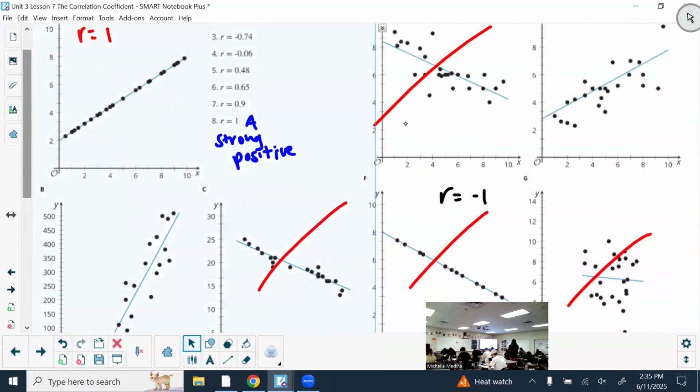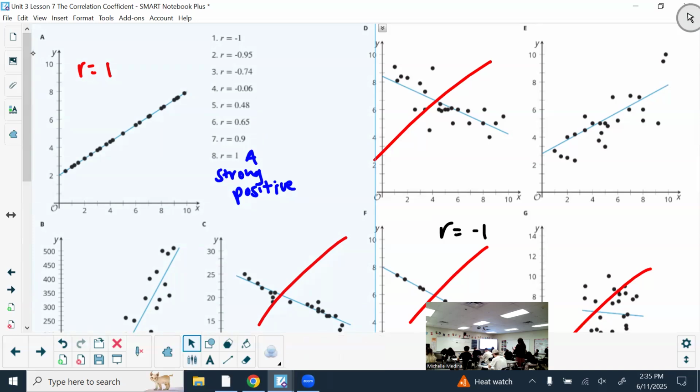Would you guys agree that between these four, this one would be the strongest? So that is a good match to make. So F gets number one.